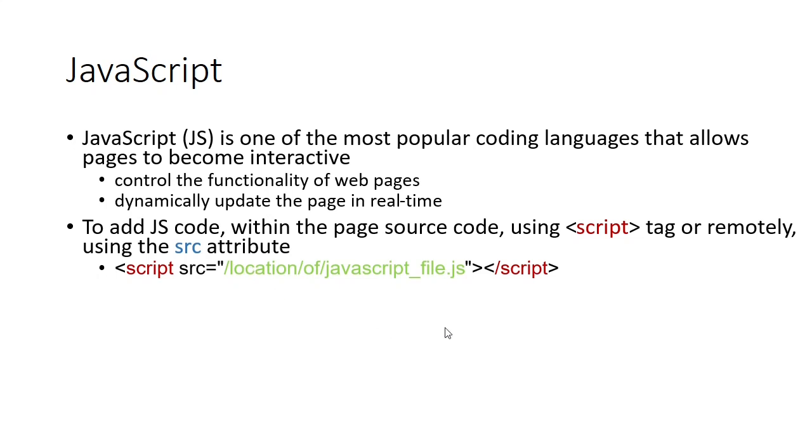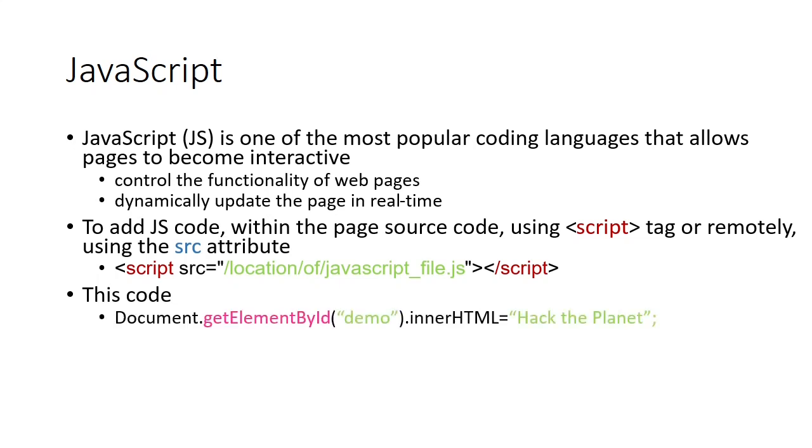We can also, if we go with the following JavaScript code, it finds an element that has an ID named demo, and it changes its inner HTML, so what's inside of it, to hack the planet.